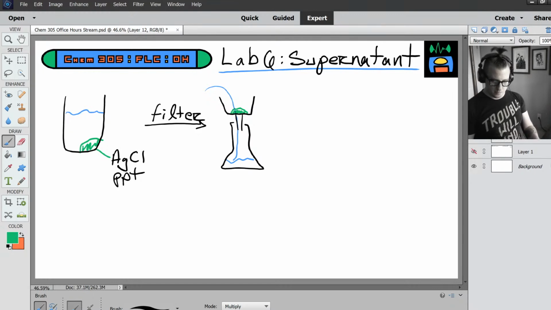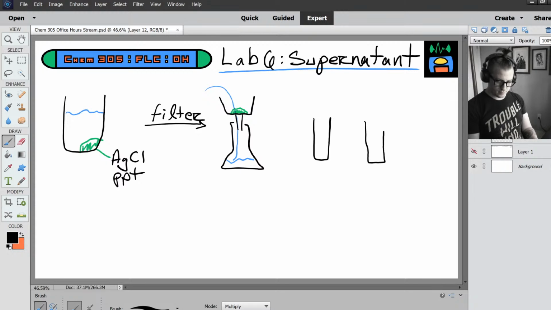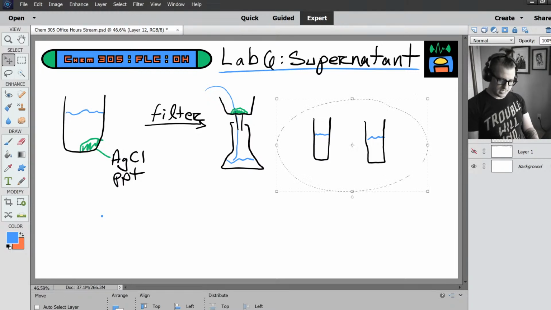Then we take the remaining liquid, the supernatant, or now we can call it the filtrate because it's been filtered, and they put it in a couple test tubes, right? And the big question that we're trying to answer is this.